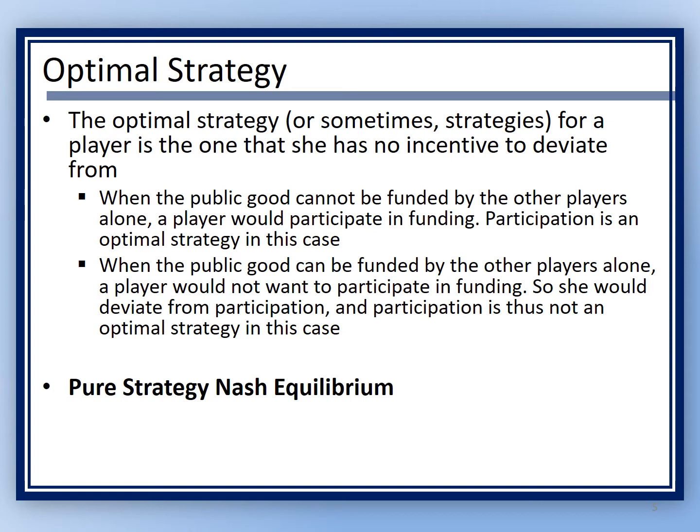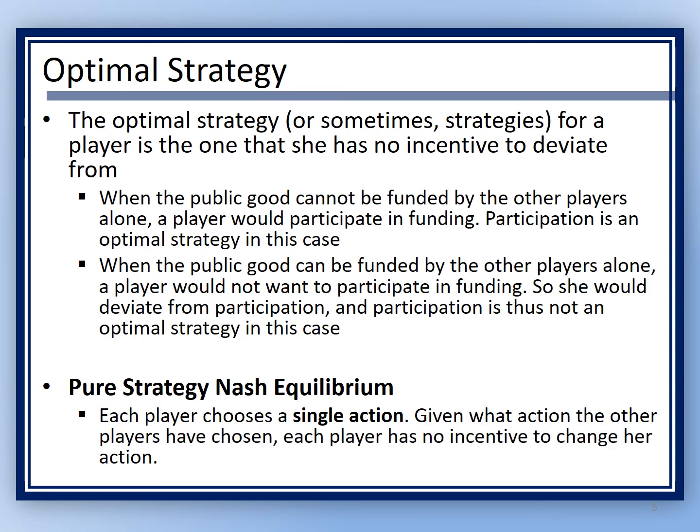Using the idea that an optimal strategy is a strategy that you want to stick with, we have this equilibrium concept in game theory. A pure strategy Nash equilibrium in game theory is the case where each player chooses a single action, and given what action the other players have chosen, each player has no incentive to change their action.